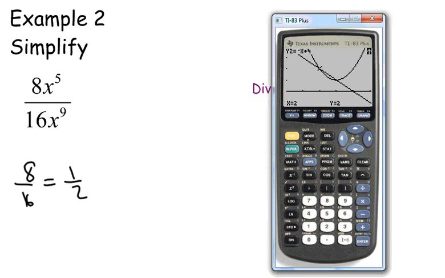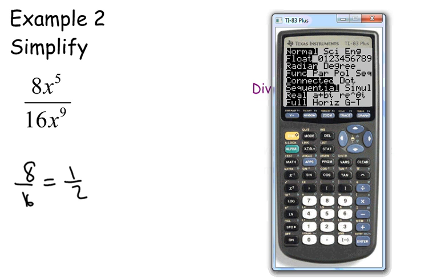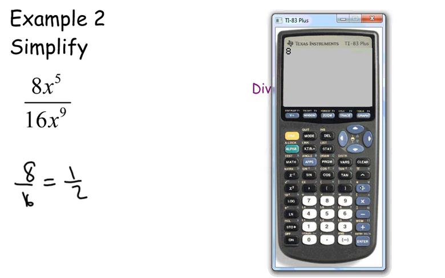If you do 8 divided by 16, you get 0.5. Let's convert that to simplest fraction form. It's 1 over 2. What you do is you just do 8 divided by 16, press math, then press enter, and press enter again, and you get 1 over 2.